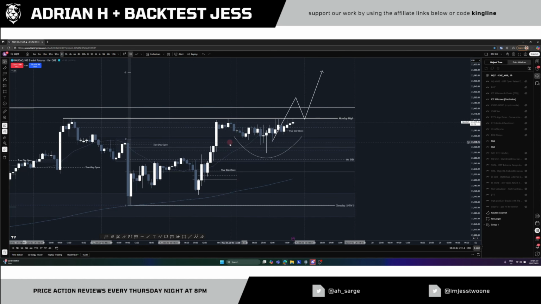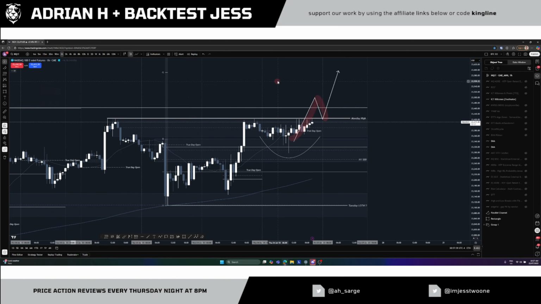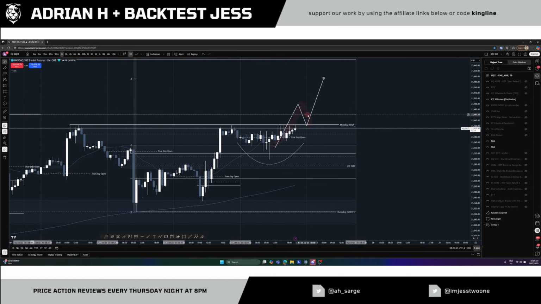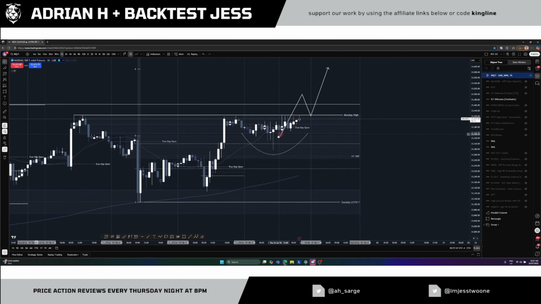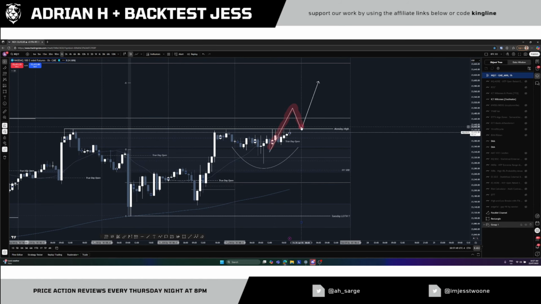Now that we're up here, we come back up, testing the high at the moment, and we've had our manipulation down in the AM for plausible continuation up. So once we break out, if we do break out today, then we're watching the order blocks from the high to then get flipped as well for continuation up.